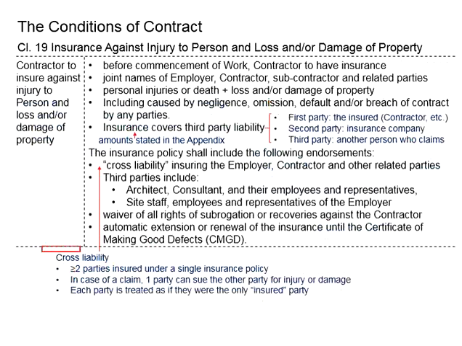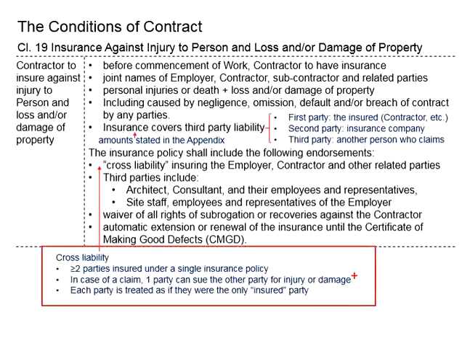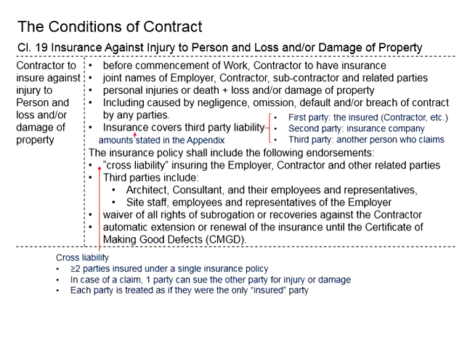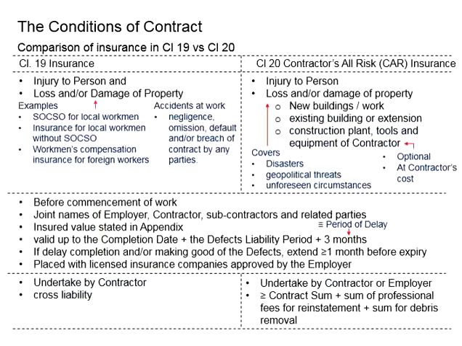We discussed the concept of cross liability in our previous videos under clause 19. Basically, any of these parties has the right to claim for the losses against any of these parties under this insurance.